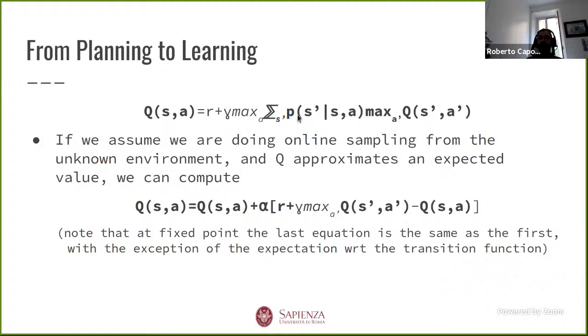If you're doing this, you're basically already performing reinforcement learning, because this is the equation of one of the most famous and simplest algorithms in reinforcement learning, which is Q-learning. So you see that this is exactly the Bellman equation, except that you're not using the transition function, but you're assuming that you're sampling from the environment and using this information in an iterative way.